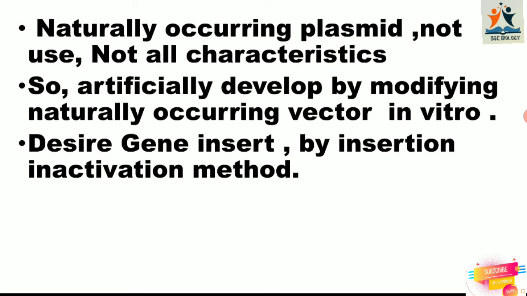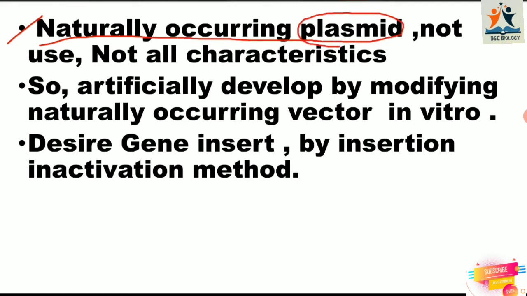Now one important thing is the naturally occurring vector. For example, a plasmid isolated from bacteria is not used directly, because it does not have all the ideal characteristics.